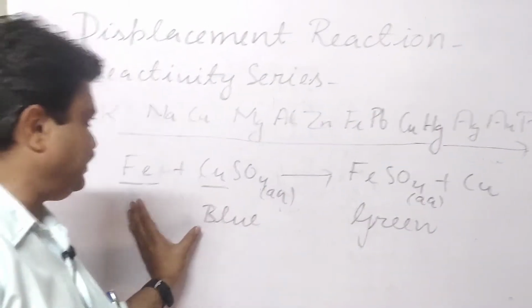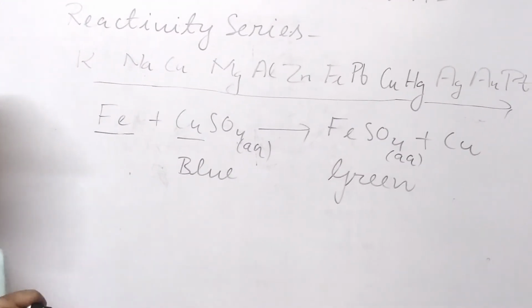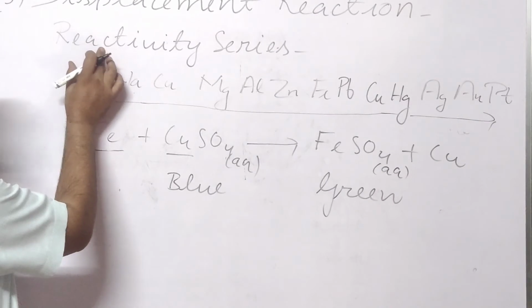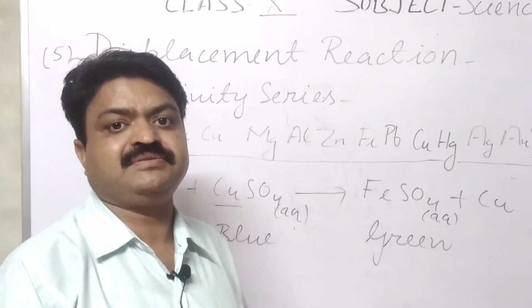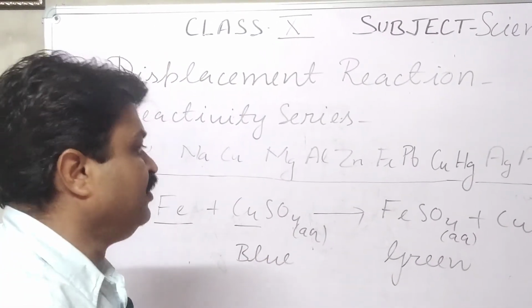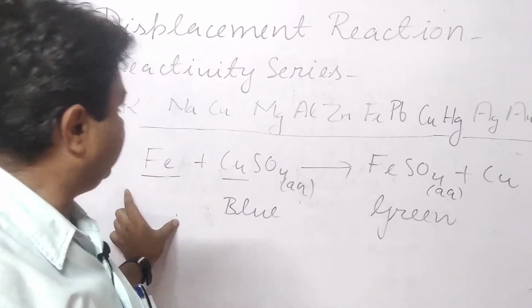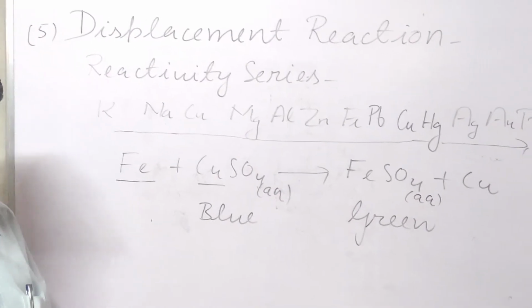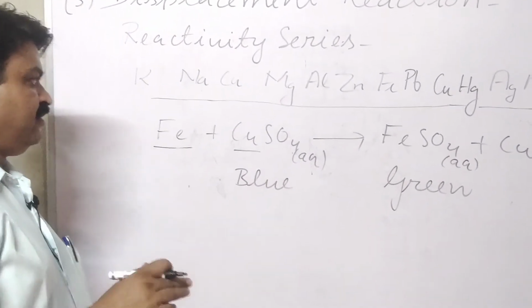And this reaction is an example of a displacement reaction, student. Again I am repeating that the chemical reaction in which the more reactive element displaces the less reactive element from its compound to form a new chemical compound is known as a displacement reaction. Now we come to another example.